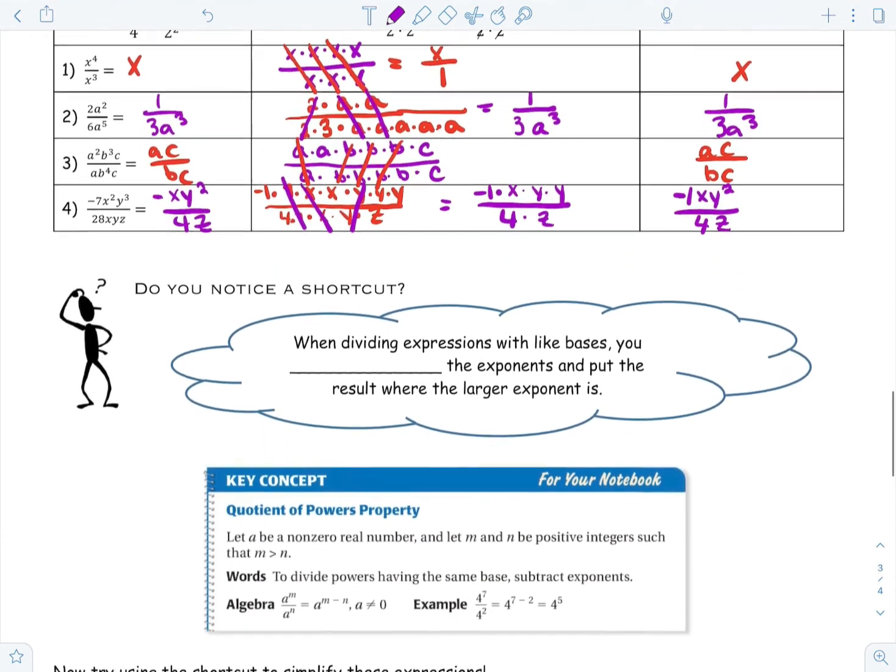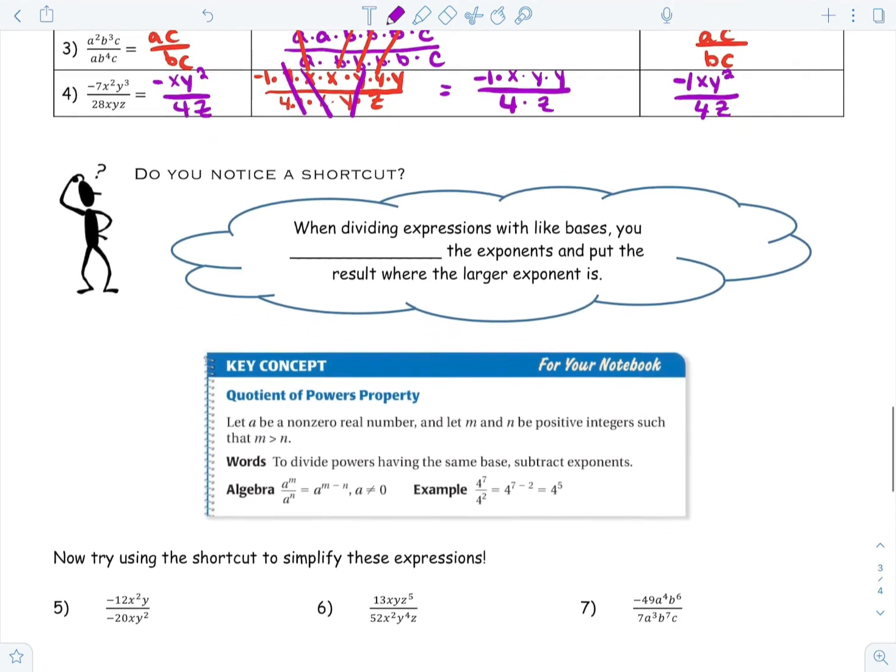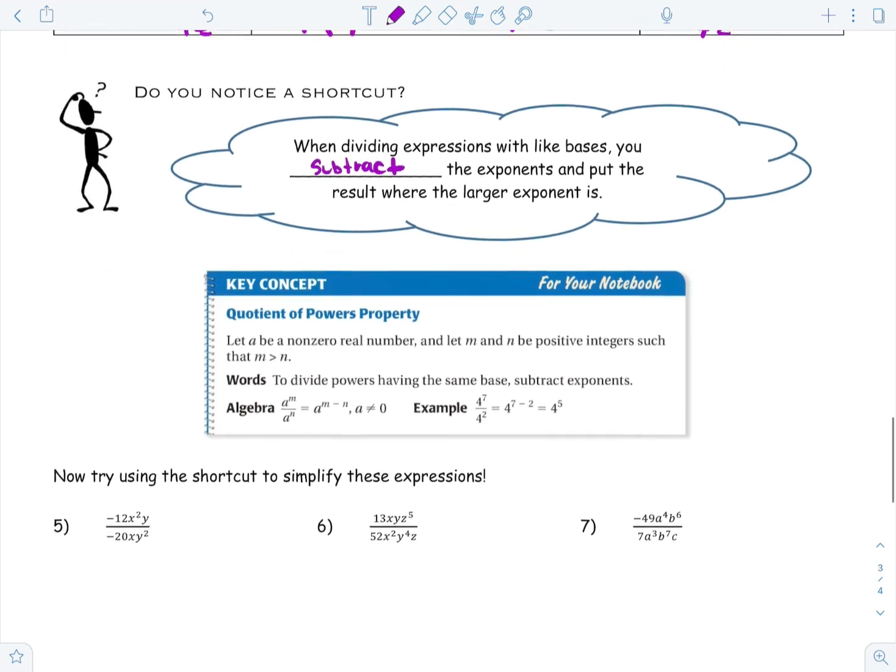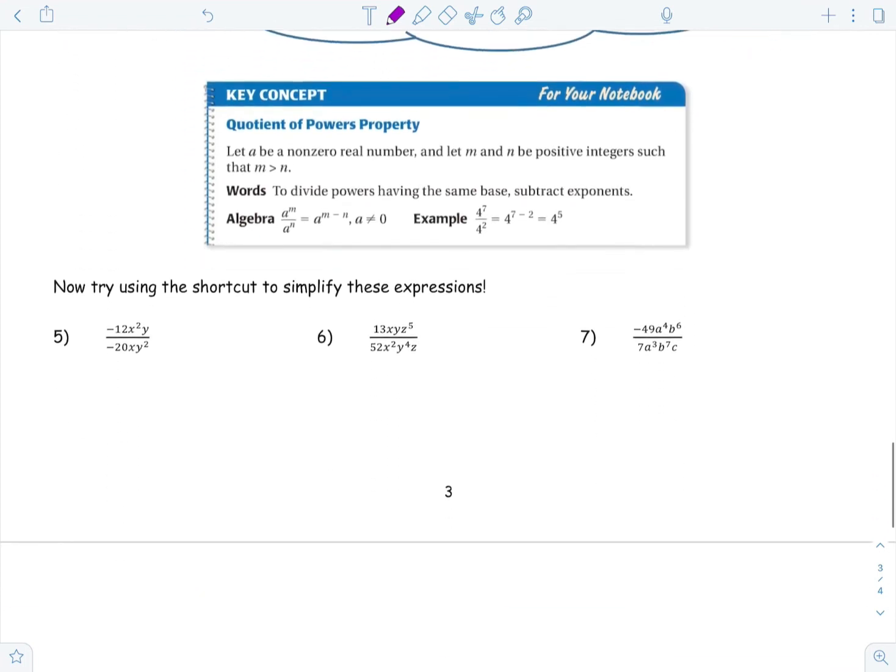So have you seen the shortcut yet? When dividing expressions with like bases, you subtract the exponents and put the result where the larger exponent is. So for instance, if we wanted to try number 5, right?